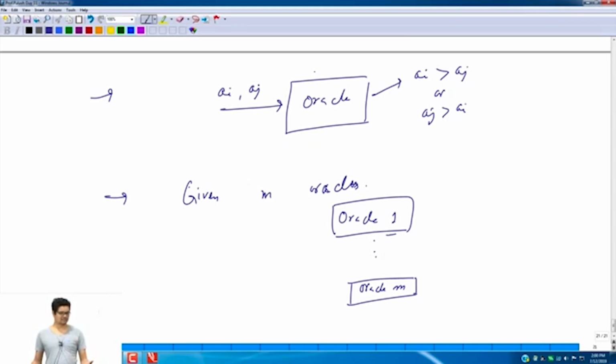Similarly, I go to the second person, he or she may have a different ordering, different preference, different choice of the restaurants, and so on. Every person may have their own choice of ordering of the restaurants. So, think of oracles as those persons, and I want to know the ordering of every person, the preference or ranking of the restaurants for every person. That is exactly this job.